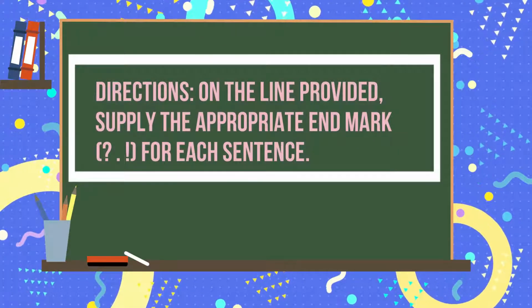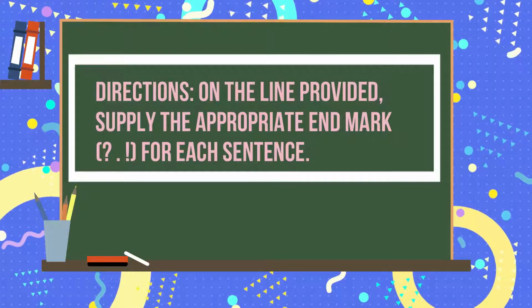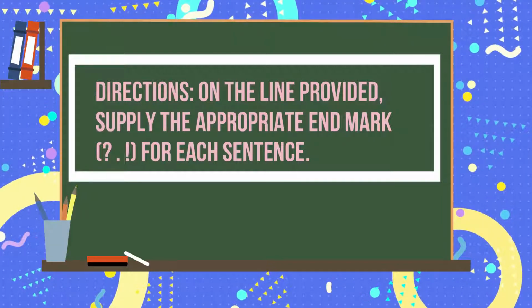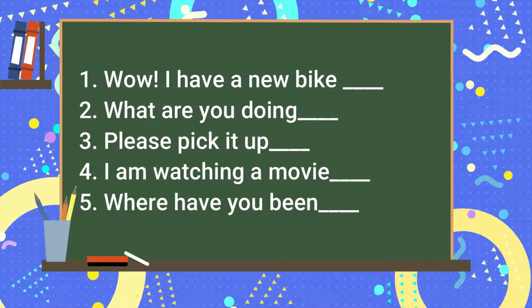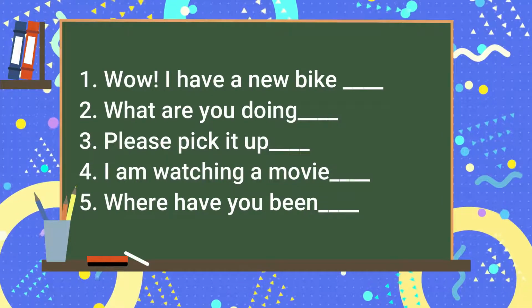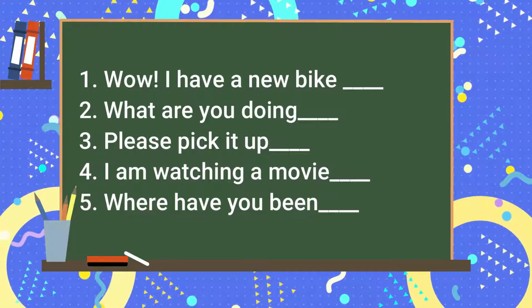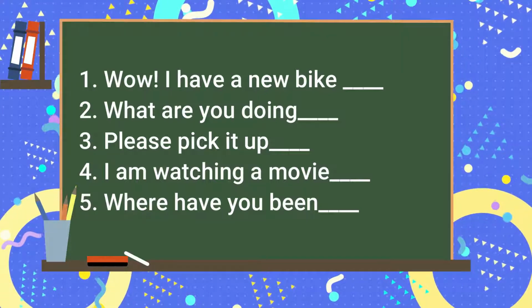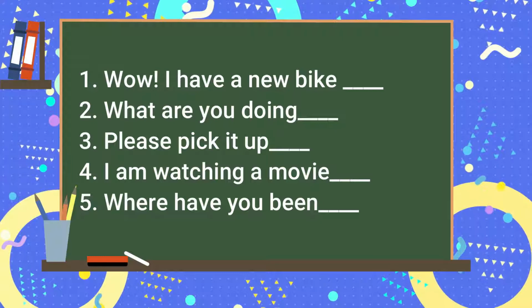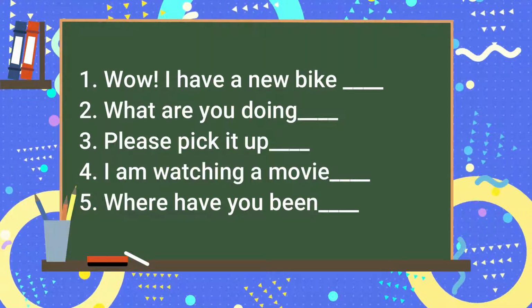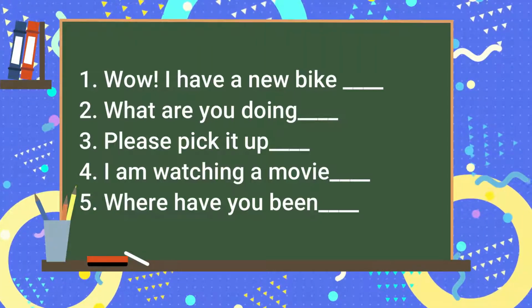On the line provided, supply the appropriate end mark for each sentence. Number 1, wow, I have a new bike. Number 2, what are you doing? Number 3, please pick it up. Number 4, I am watching a movie.